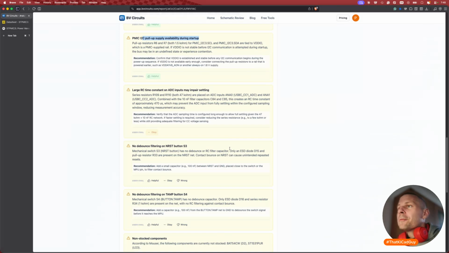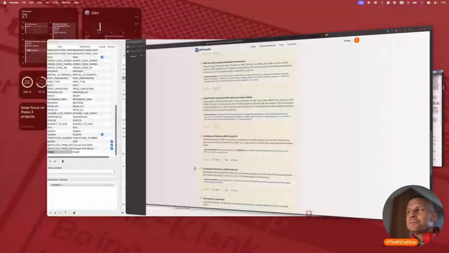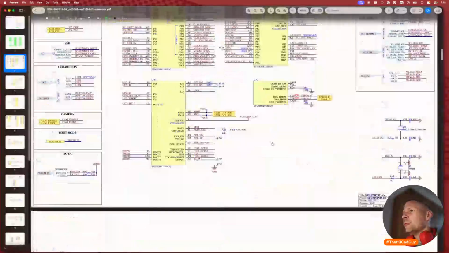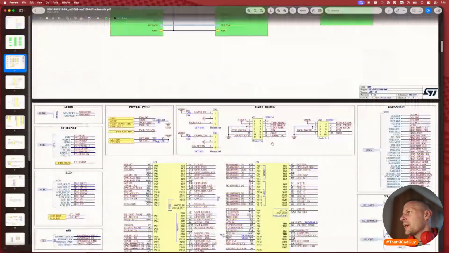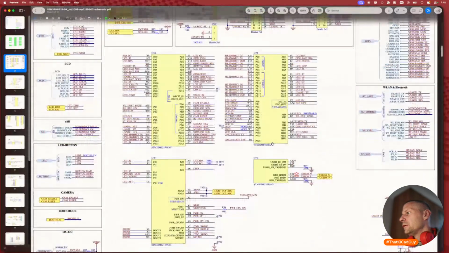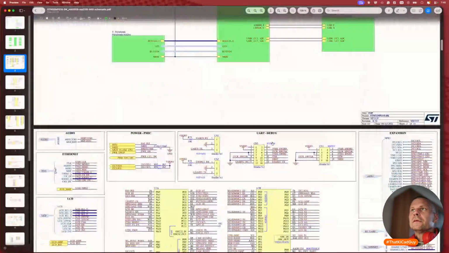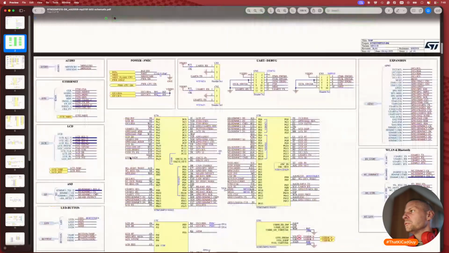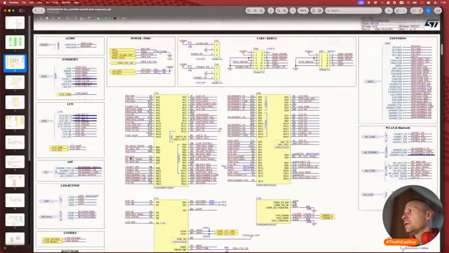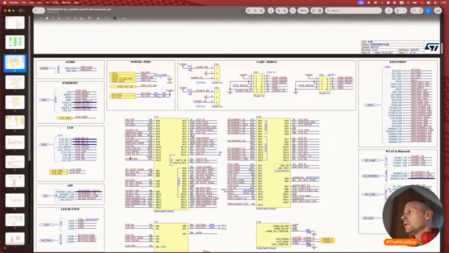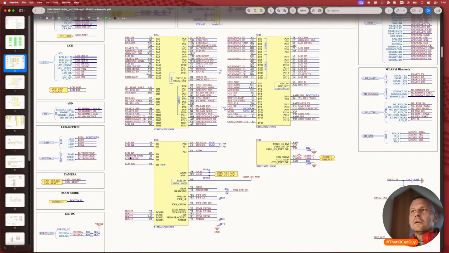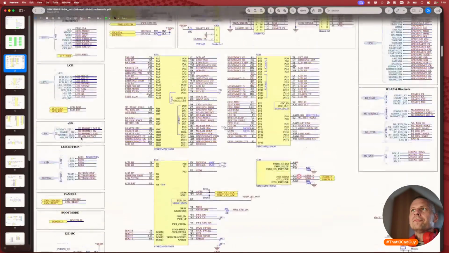Oh, sorry, I'm back. So yeah, the debouncing is not explicitly there, but the circuit creates an RC filter already. 10 nanofarads can be too much, but the original design says... where is the reset thing?